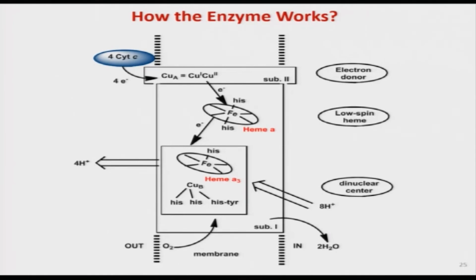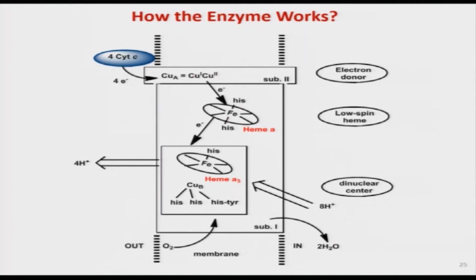So, this is the flow chart, like 4 electrons. This comes to first copper A and copper A gets reduced, then copper A transfers electron to heme A and heme A gets reduced, iron 3 becomes iron 2 and this copper 1 gets oxidized to copper 2, which takes another electron.